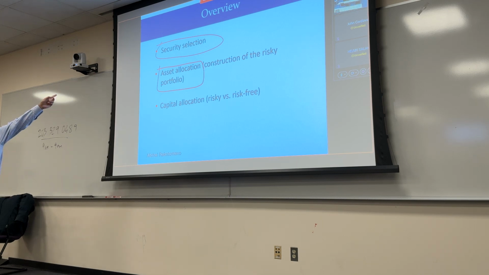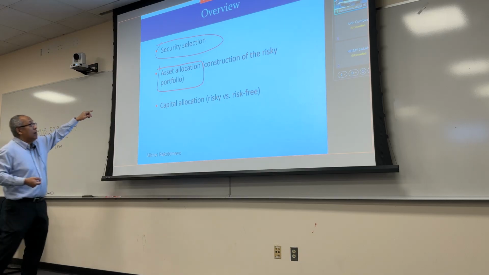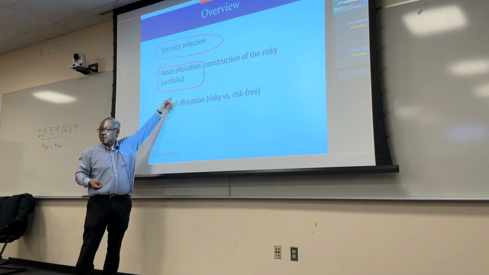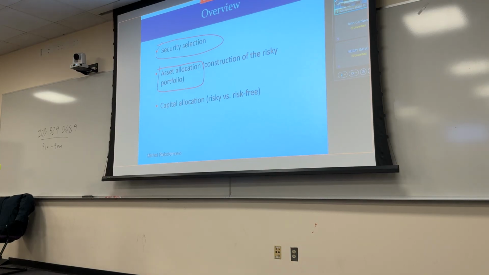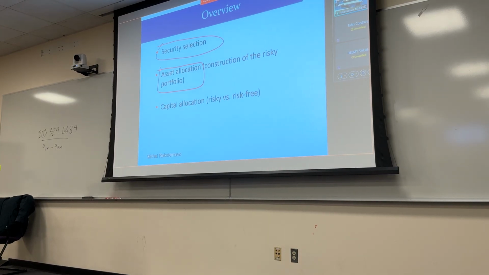Did we get it by choosing best performing stocks? That's security selection. And or did we get it by putting more weights on the stocks that overperform and less weights on the stocks that underperform?